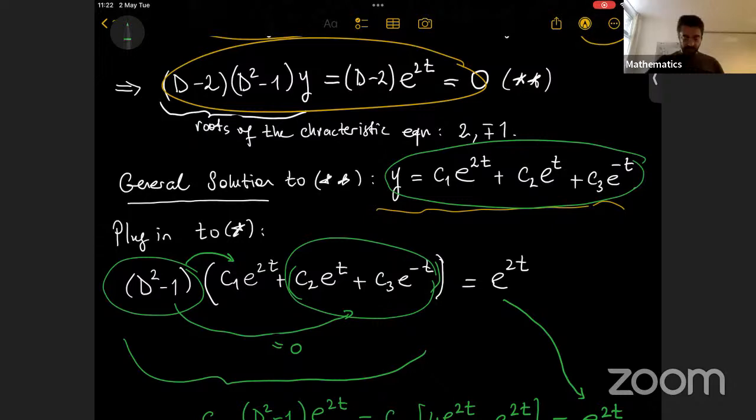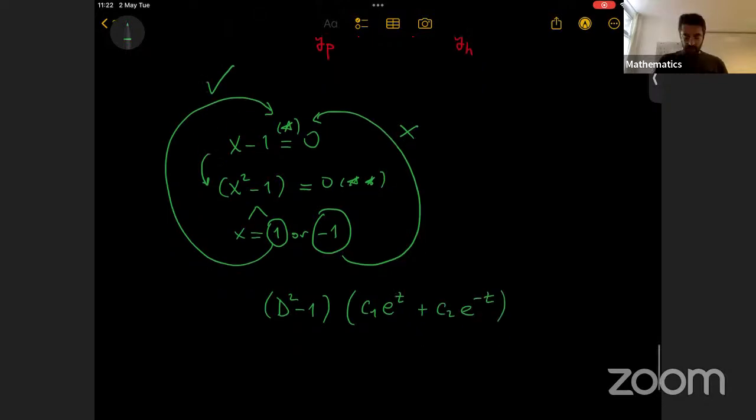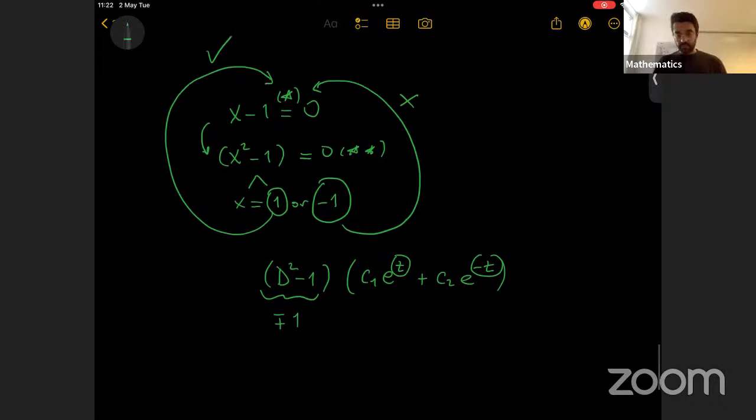Let me explain here. We had this, right? D square minus 1 applied to c1 e to the t plus c2 e to the minus t. Well, what are the roots here? Roots are plus minus 1, right? So d square minus 1 y is equal to 0.